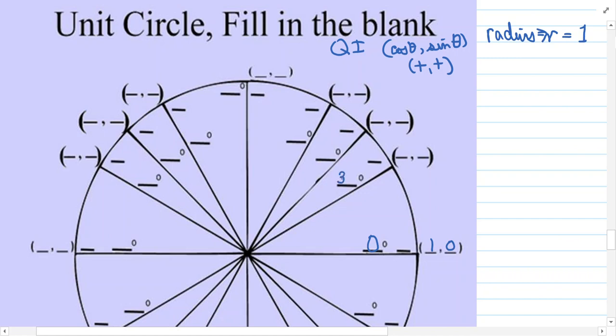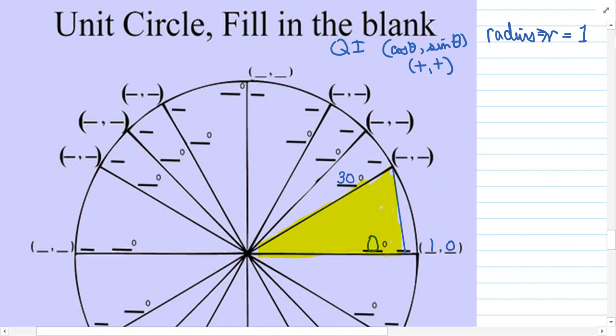At 30 degrees, now at this point, if I dropped a perpendicular, I would create this angle. And I would have the 30, 60, 90 degree triangle here.